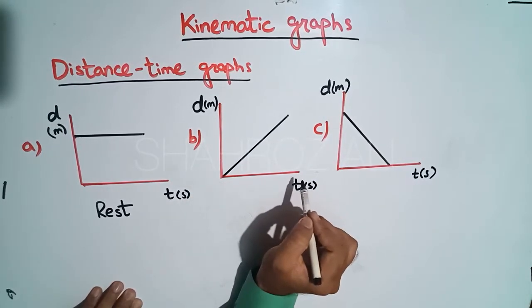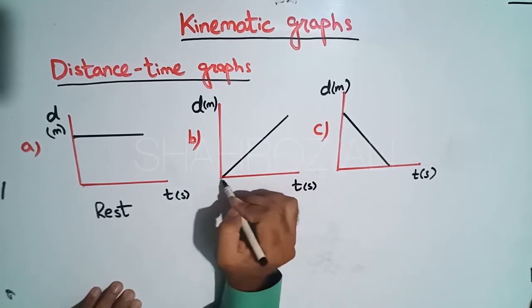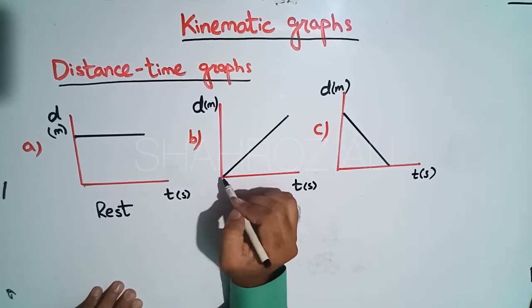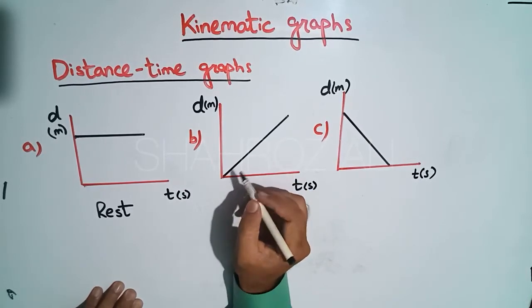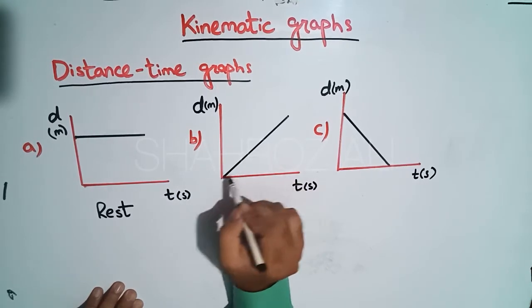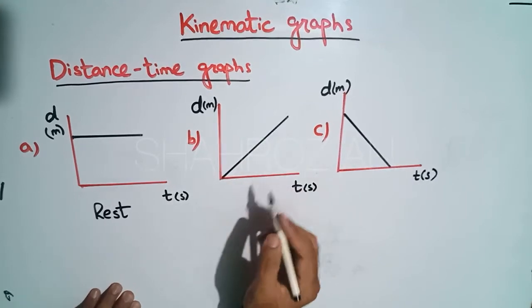If values are given on the graph and we calculate, the distance time graph will show us a constant value. It means every point on this line will give us a constant value. So we can say it is constant.